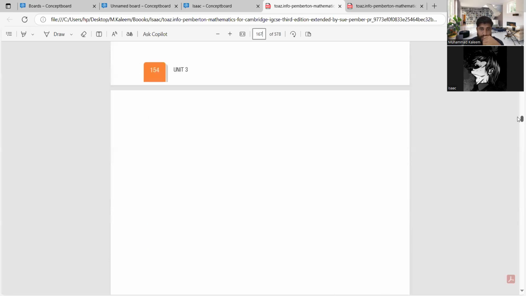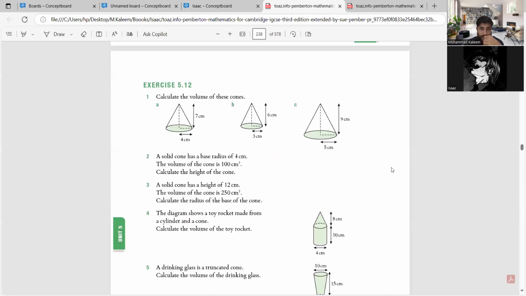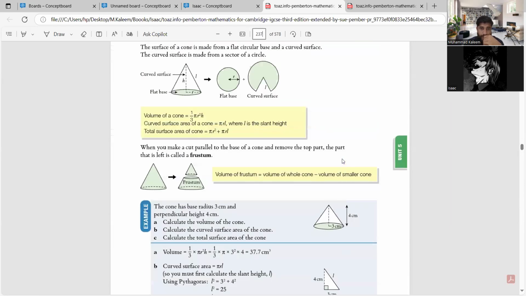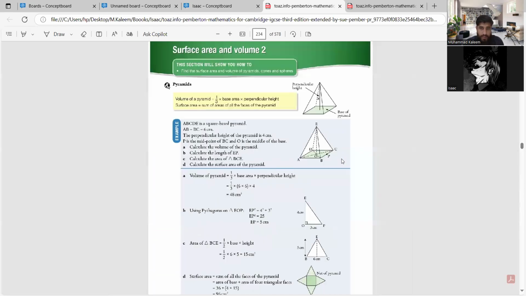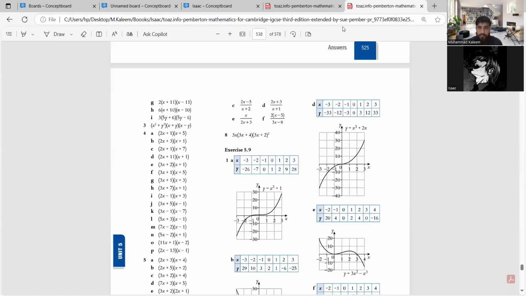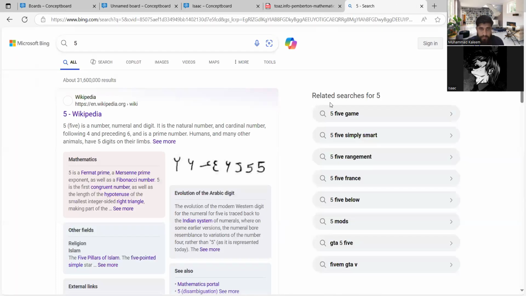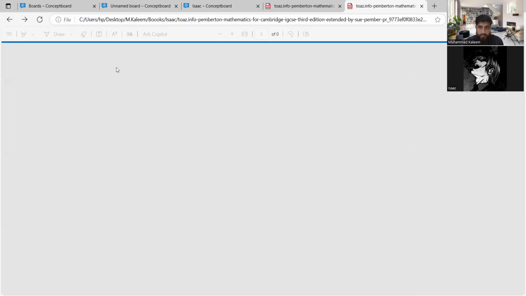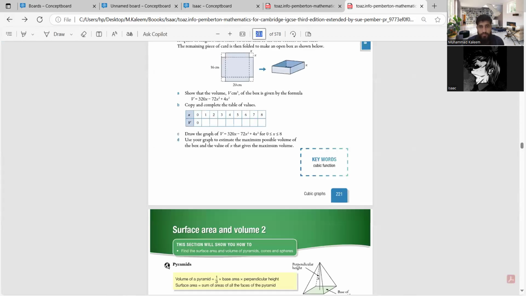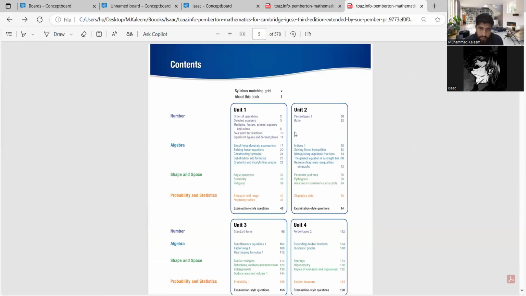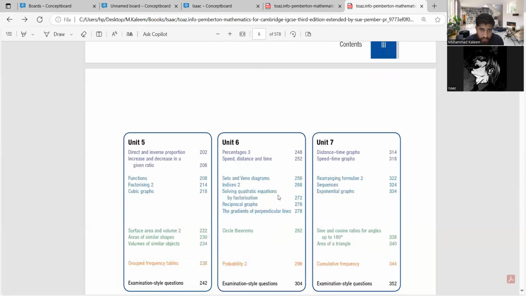Okay, we are doing chapter number 5. Just a second. Where's chapter number 5 here? Chapter number 5, page 214.